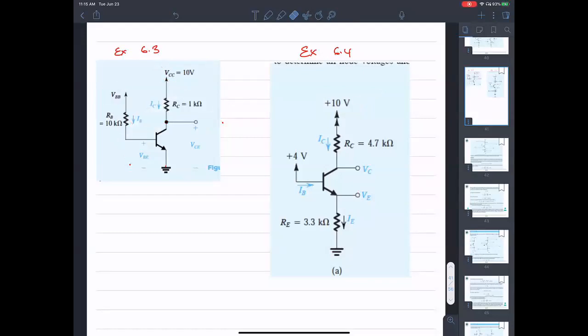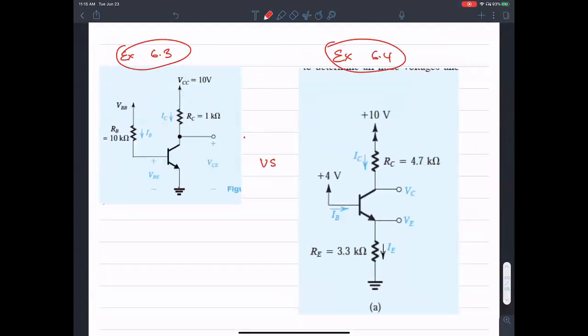But what big difference do you see between 6.3 and 6.4? Do you see a difference between the two? 6.3 has a resistance on the VBB.